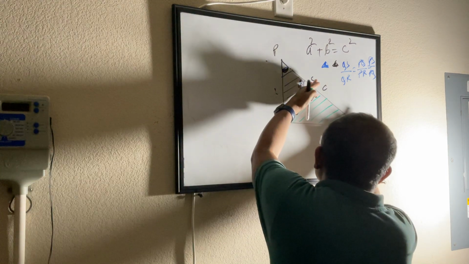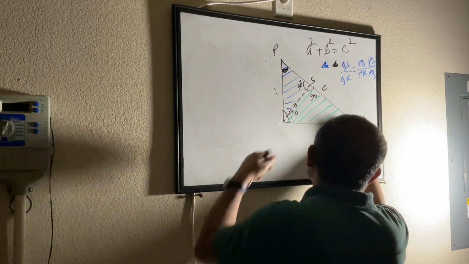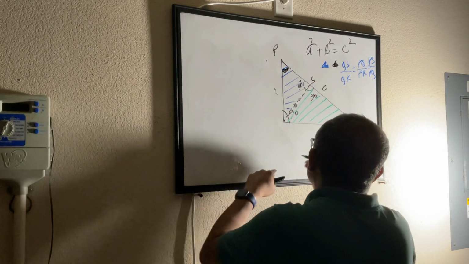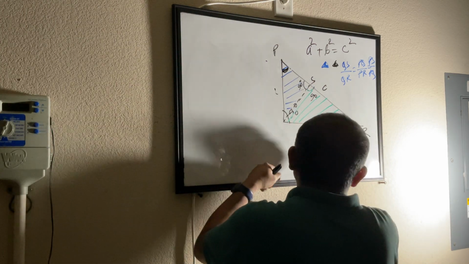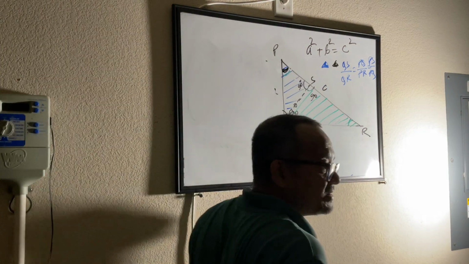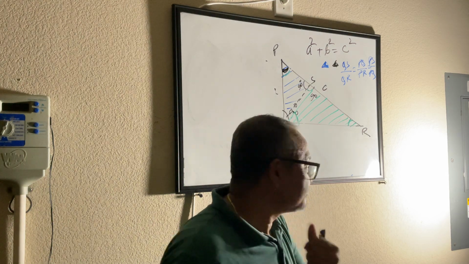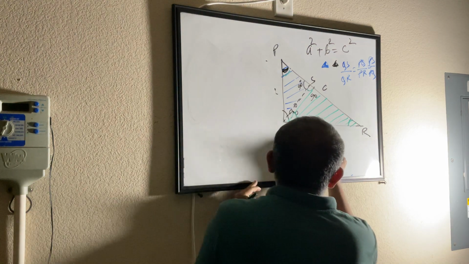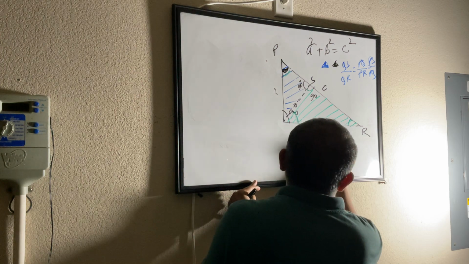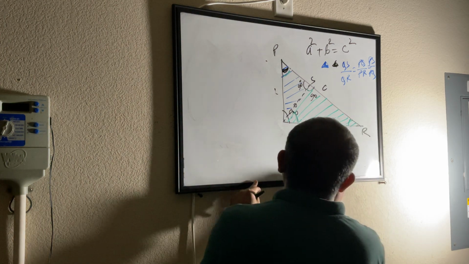This green triangle is similar to the original triangle. Why? This angle is anyways common. This triangle also has 90 degrees, same as this one, and the third angle, this angle will match with this angle. Yeah? Look at this. This is your green triangle.